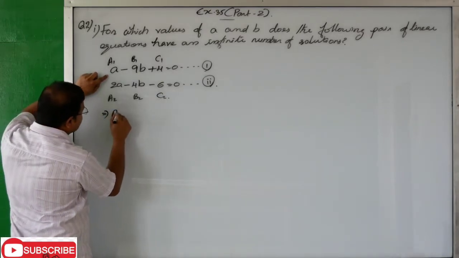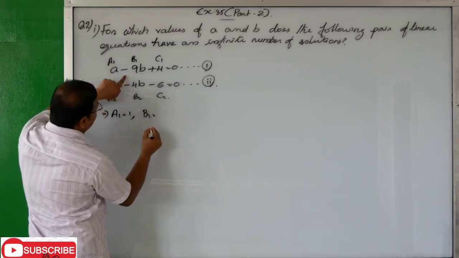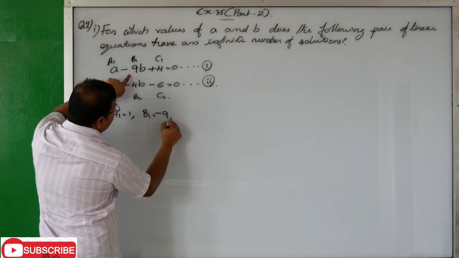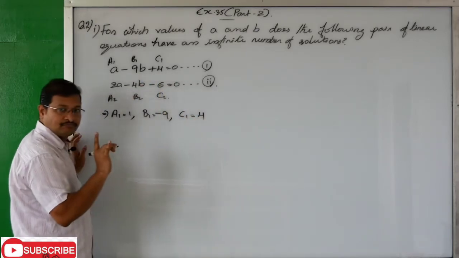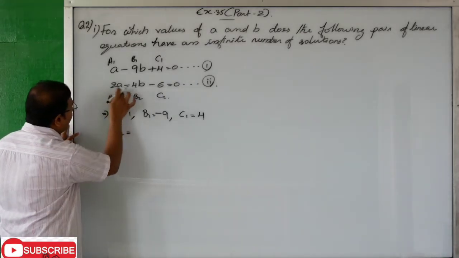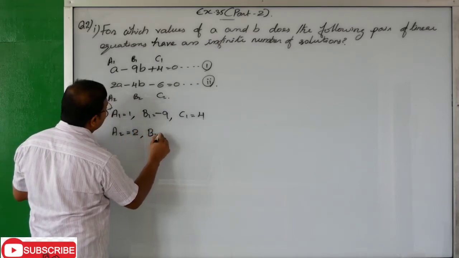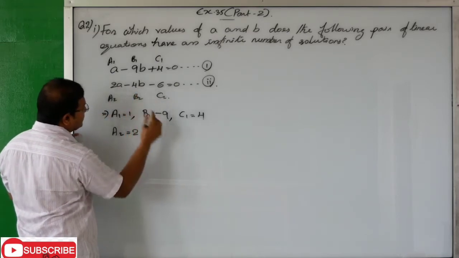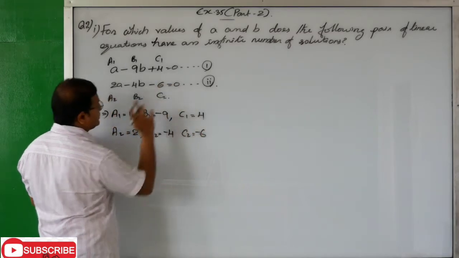Thus a1 is 1. b1 is minus 9. And c1 is 4. Now here, a2 is 2, b2 is minus 4 and c2 is minus 6.